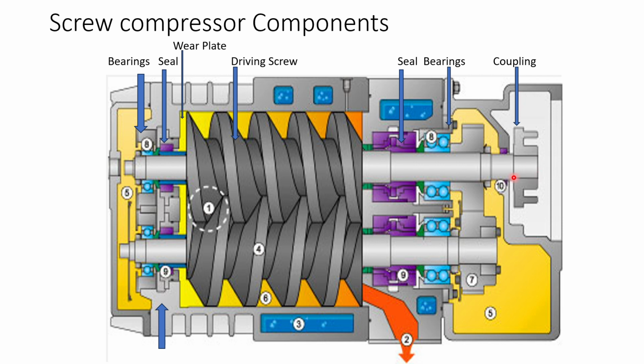This is the coupling, and what you see here is a wear plate, because the gas is being pushed from the left hand side to the right hand side. So the rotor will try to move from right to left, and if the thrust bearing is not able to control that, there is a wear plate provided. The rotor will rub the wear plate, it will not rub the housing, and the housing will not get damaged.